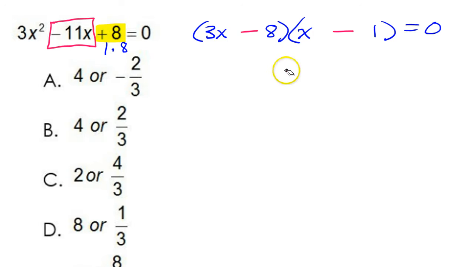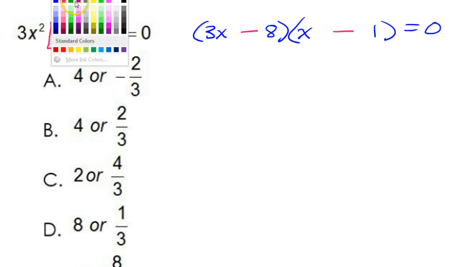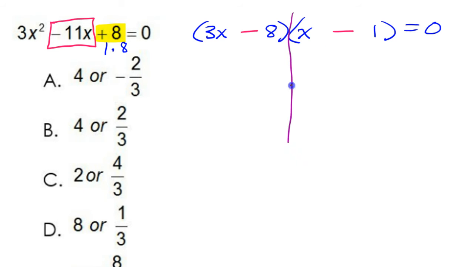So now we can go ahead and finish solving. So we need to find out what x equals. There are two possibilities. To find the two possible solutions, we can set these two factors equal to 0. So we can go 3x minus 8 equals 0, and that'll give us one solution.